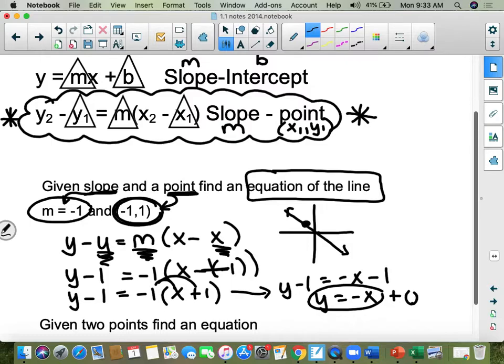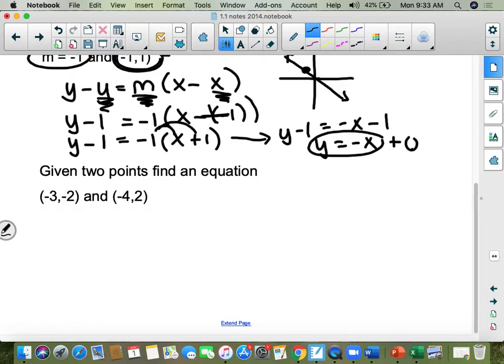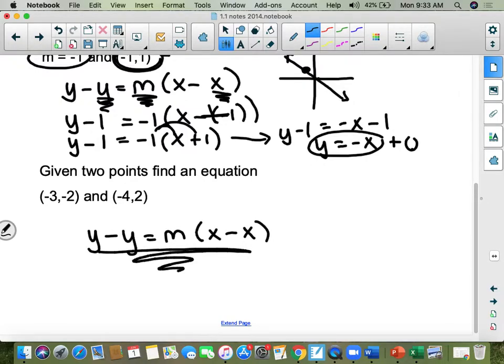So you can do the same thing given 2 points. Again, what do we use? y minus y equals m(x minus x). This is the one. You can go and ask anybody in AP Calculus from last year or the year before. This is all we use, y minus y equals m(x minus x).